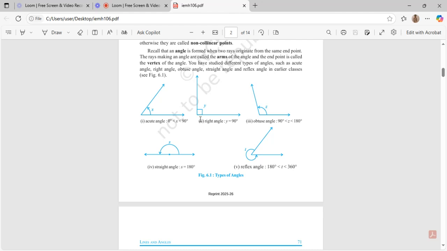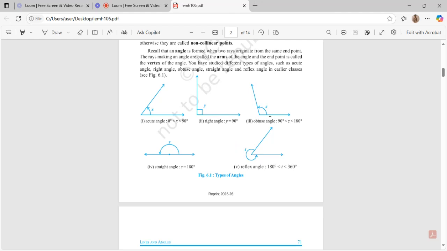So when you subtract 90 from 360, it is called the reflex angle of 90 degrees. 360 minus 90 is 270. So 270 is the reflex angle of that 90 degrees.